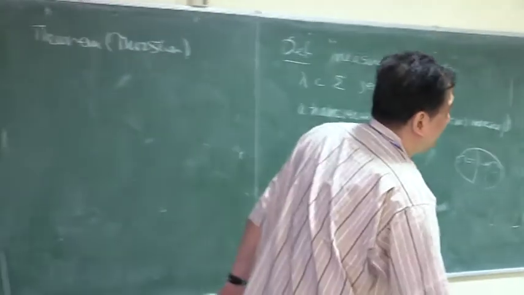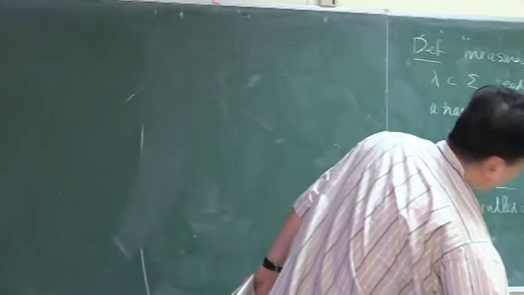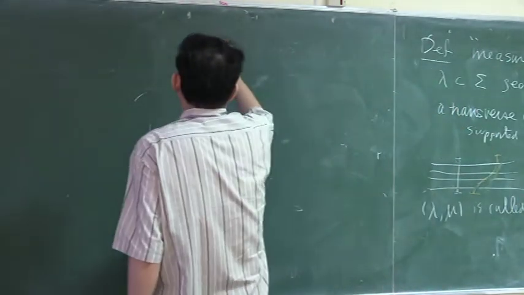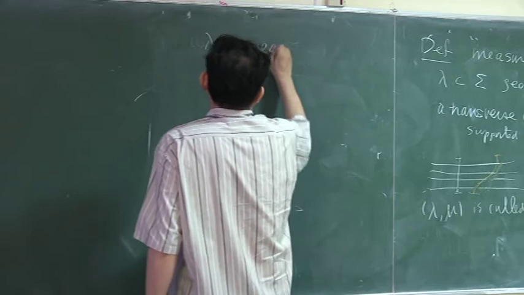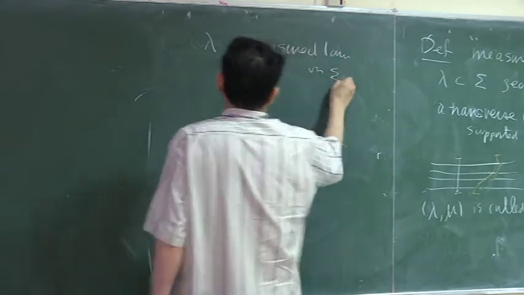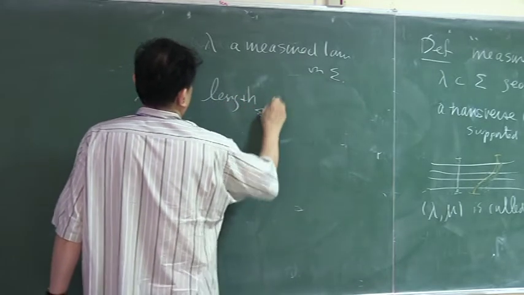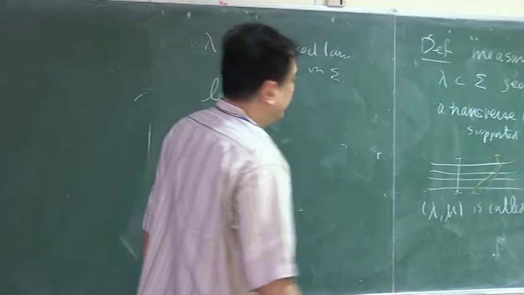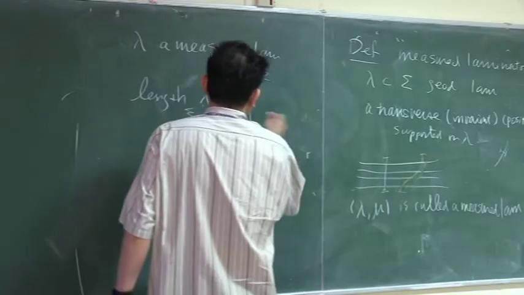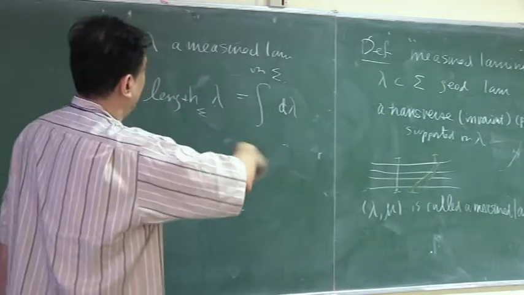I haven't talked about the length of the projective lamination or the length of a measured lamination. For a measured lamination on sigma, you can define its length. It's just the integration of the length function along the leaf.